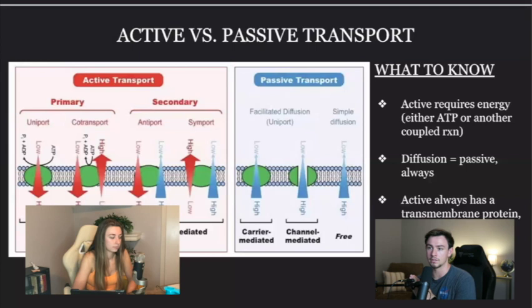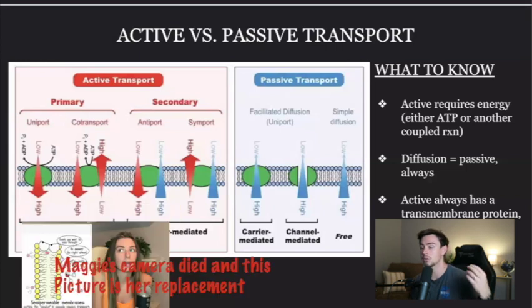That's primary active transport. Secondary active transport is a little bit different. We're still using something like ATP or a GTP, some kind of high energy molecule, and we're going to break that bond, use the energy from it, and move a molecule across the membrane, like a sodium.